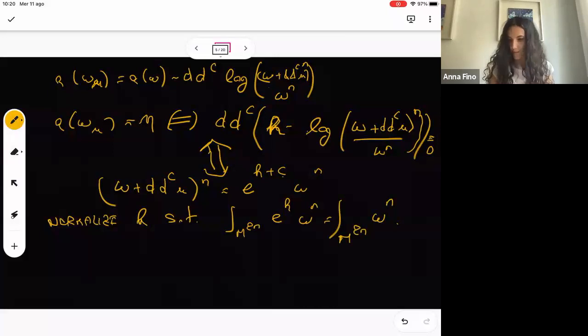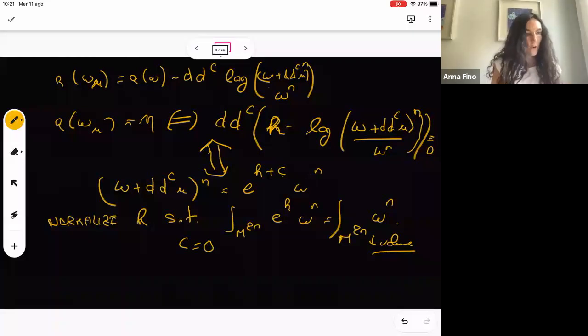So this is just the volume. One can formulate the Calabi-Yau problem in terms of the volume form, and that's exactly the formulation that we will use to generalize this to the almost Kähler case. If you normalize that, you get C equal to 0, so you can forget it, and that's exactly the complex Monge-Ampère equation that you get.